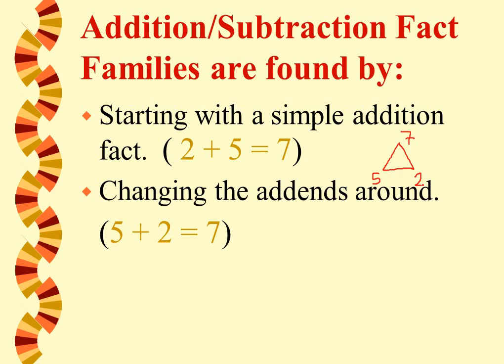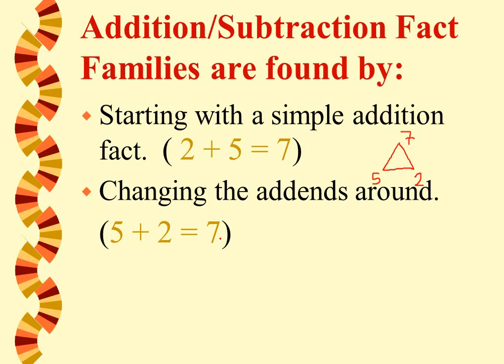So to connect between them, using the operation and the inverse operation, I can come up with 4 equations: 2 for addition and 2 for subtraction. The 2 for addition can be explained by the commutative property, because 2 plus 5 equals 7 and 5 plus 2 equals 7.